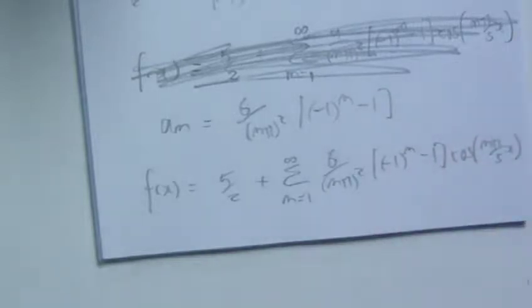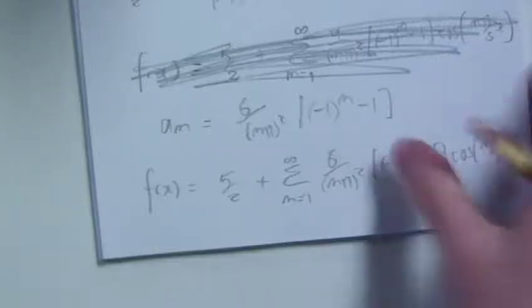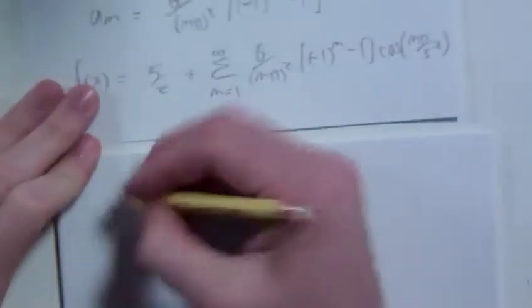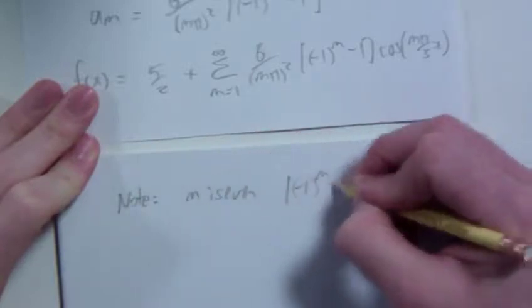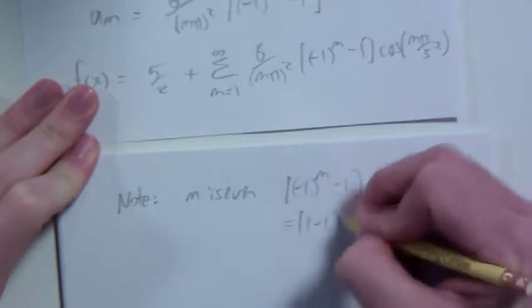Right, yeah. If I was being very clever, I would notice that when m is even, I get a 0, and I could turn it all into something that only has odd numbers in it. That might look prettier, but I don't know if that's necessary. It's just something that might be worth pointing out. Note, if m is even, minus 1 to the m minus 1 will just be 1 minus 1, which is 0.